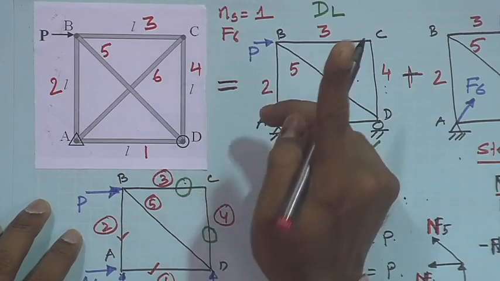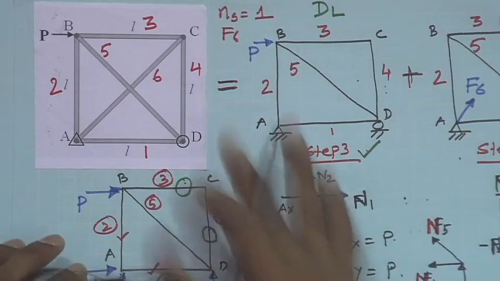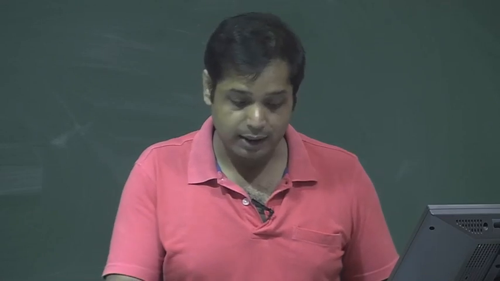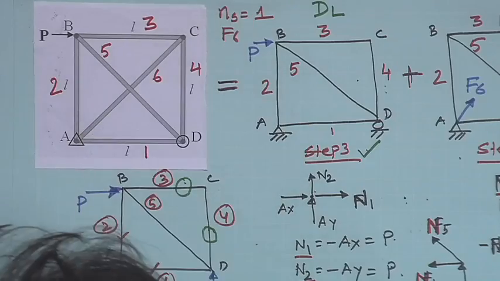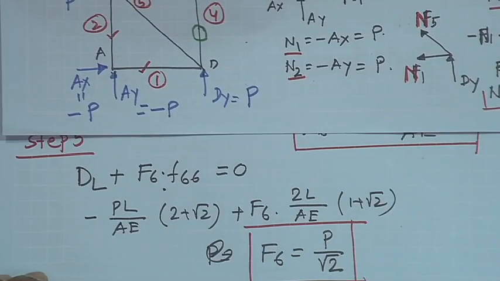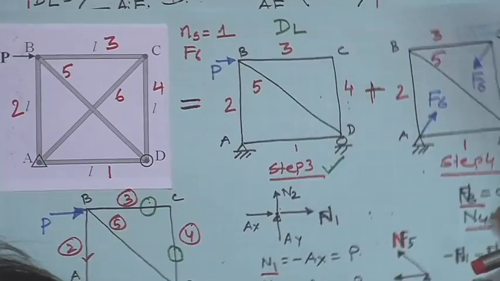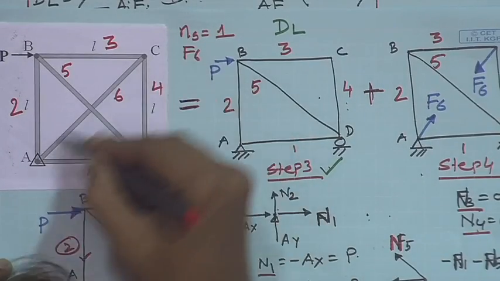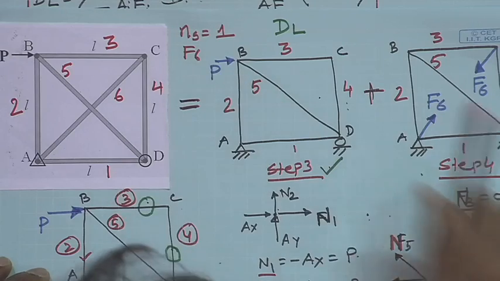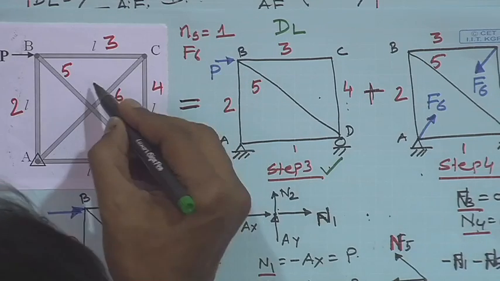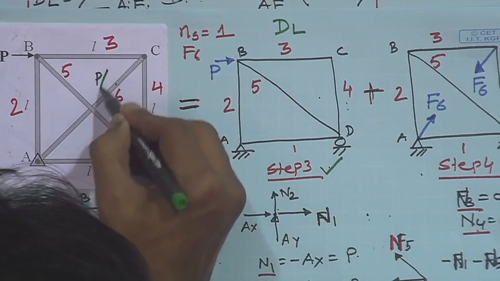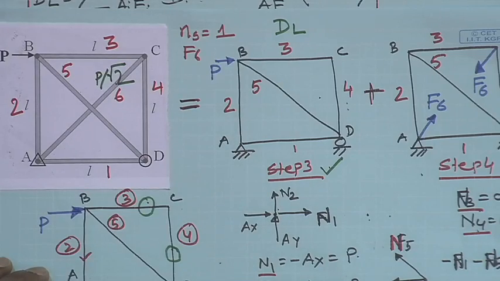We have just one redundant, and the entire problem was to find this redundant force, and we finally obtained F6 equal to P by root 2. Once we know the force in member AC is P by root 2, then what happens?